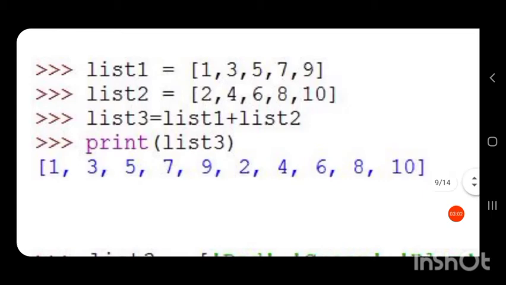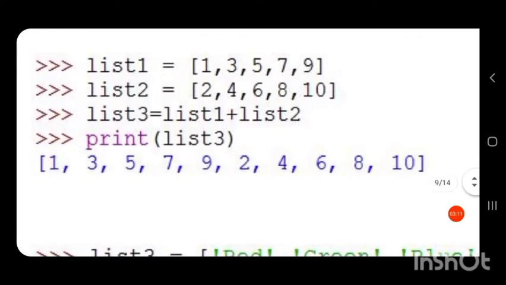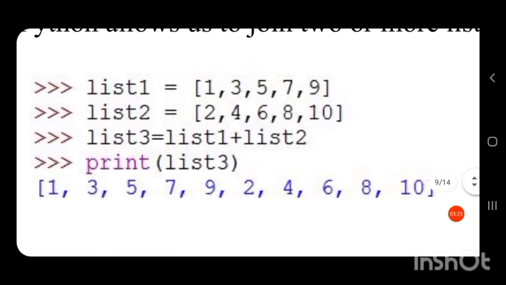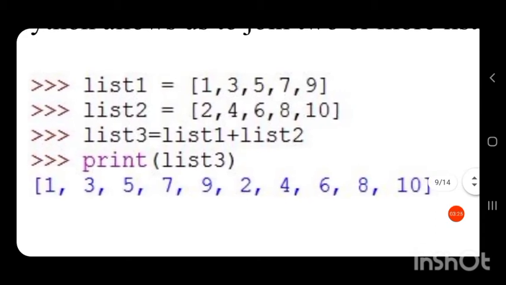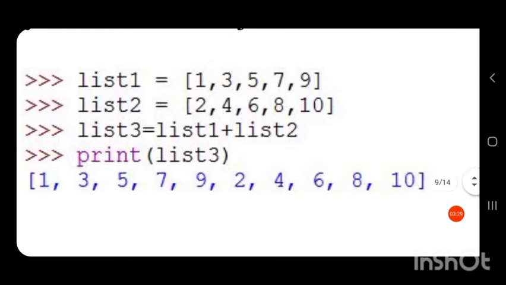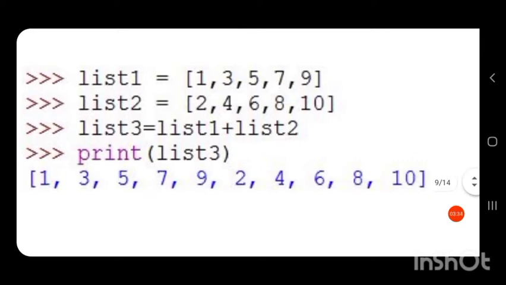The elements of the first list will be in the new list, then the elements of the second list are appended at the end of the first list. So this is how the concatenation of a list works.